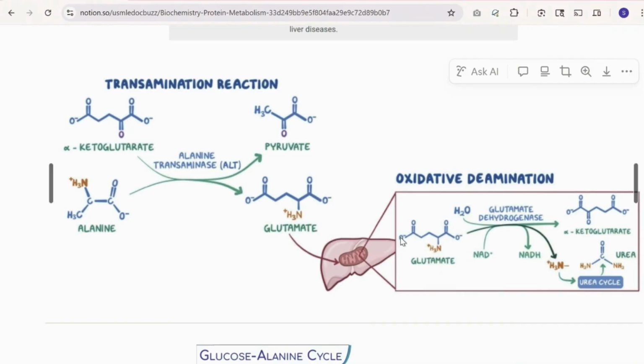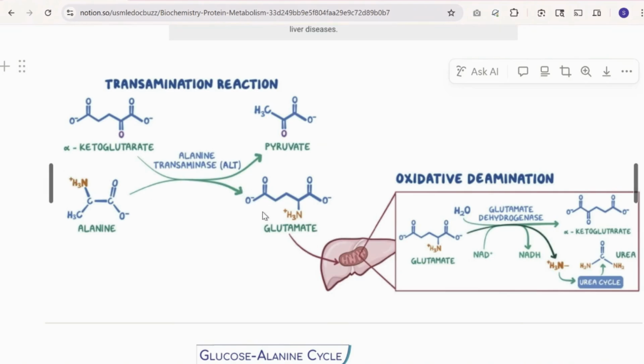That is going to be your glutamate. That's the name of the game, right? Glutamate is going to accept all these different amine groups from different things. For example, alanine giving it NH3 plus, or aspartate bringing it NH3 plus, right?